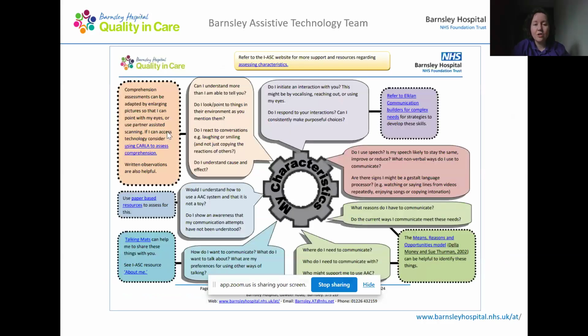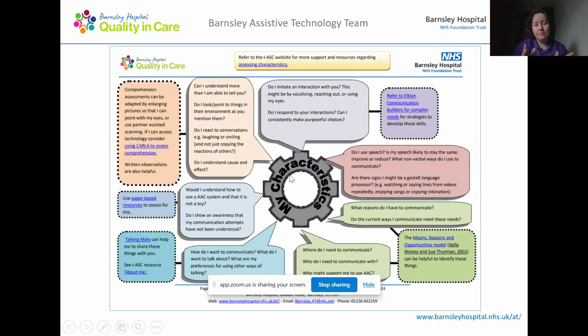And this is a little screenshot of one of the pages from it. So looking at the characteristics, for example, of the person, such as looking at their understanding, it gives some ideas about how you could assess somebody's understanding, if maybe it's more difficult for them to point with their hands, to point to pictures, or look at alternative ways of assessing that.